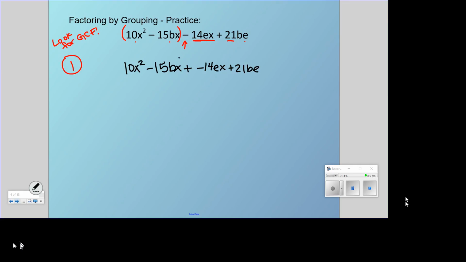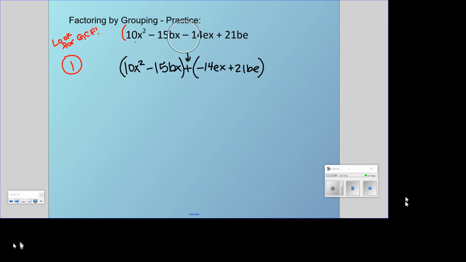So that now when I group my first two together and my second two together, I still have the plus sign in between the two terms. It's very important that when you do this grouping, you keep that plus sign in between the parentheses. We're not turning this into a multiplication. Okay, and we do want the negative with the 14ex, which will come into play in just a moment.